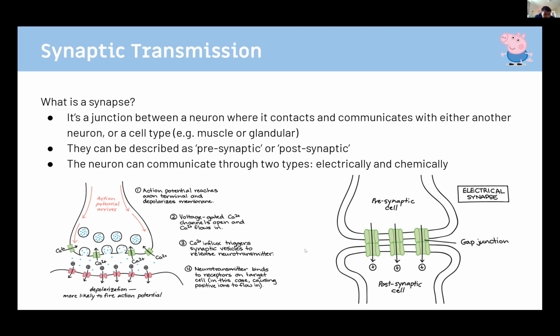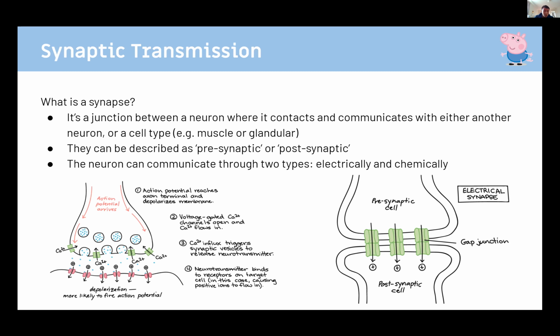If you look at the left-hand image at the bottom, you have your action potential from the neuron. What Jono just talked about, the action potentials, can arrive at the presynaptic terminal, or the axon terminal. And they'll activate something called voltage-gated calcium channels, voltage-gated meaning they'll only activate when a certain voltage is reached. That will be activated by the action potential.